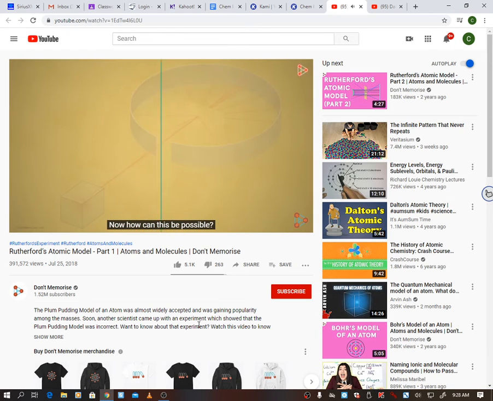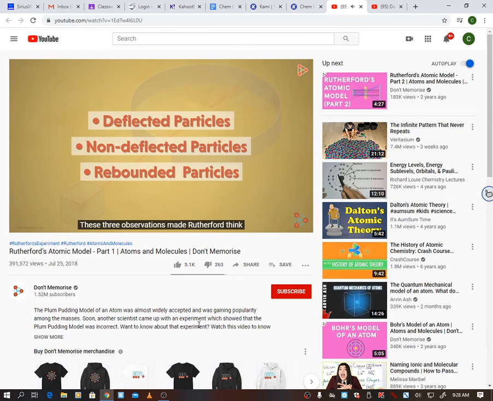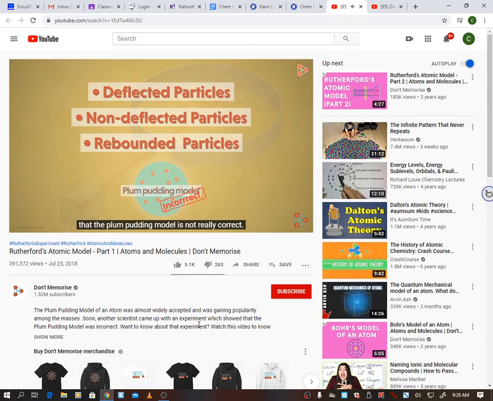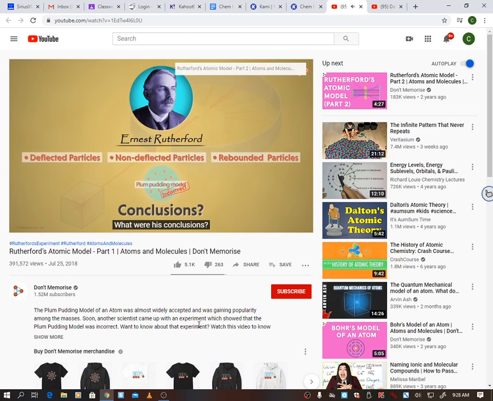Now, how can this be possible? These three observations made Rutherford think that the plum pudding model is not really correct. Based on the conclusions he had, he put forward a new hypothesis explaining the structure of atoms. What were his conclusions? Let us have a look at the conclusions by Rutherford, followed by the new atomic model put forth by him.